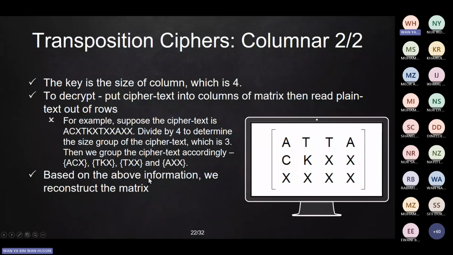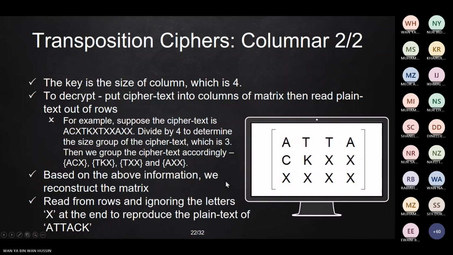Now, how do we do the decryption? We create the same table again. Now we reverse: not start with row, but we start with column. Column 0, 1, 2, 3: ACX.